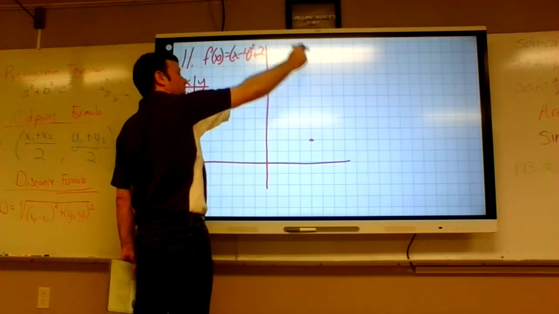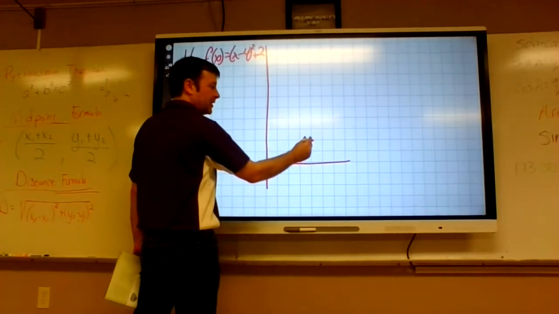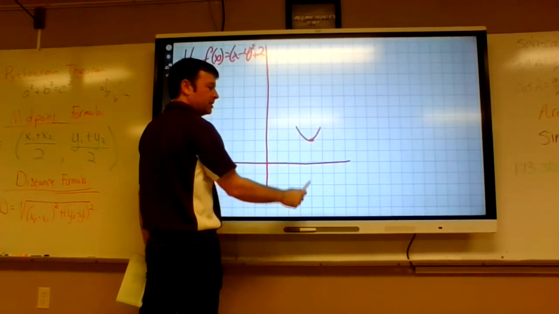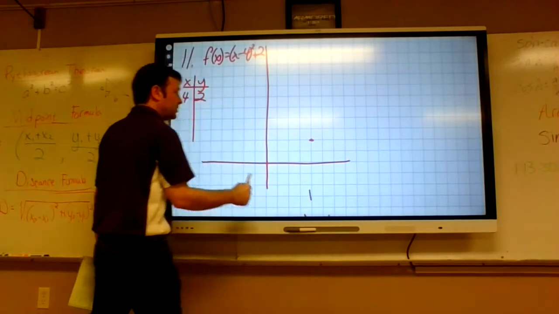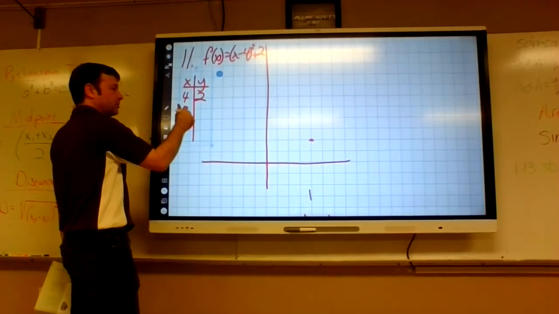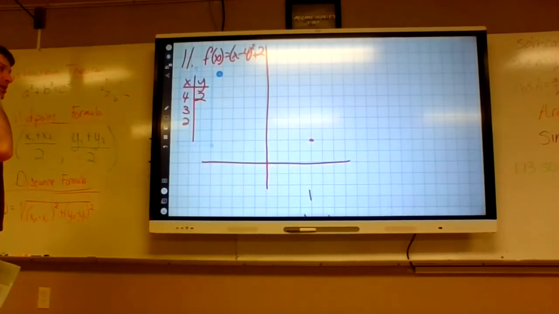That's way up here. So I don't want to plug in 0. What I want to do is plug in x values close to my vertex before it gets too big. So I want to choose x values that are close to 4. 3 and 2, or 5 and 6, either one.